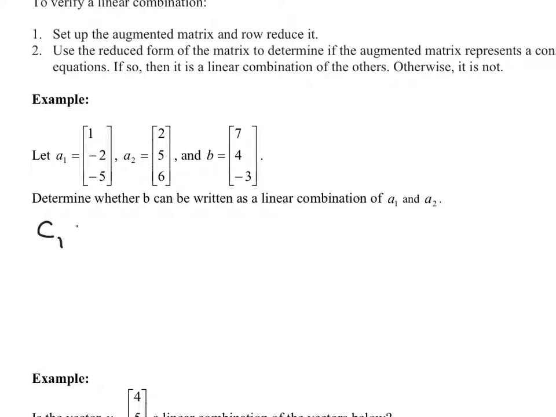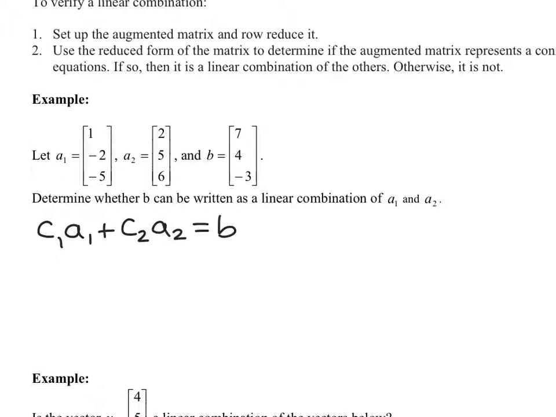I'm going to say C sub 1 a sub 1, plus C sub 2 a sub 2 equals B. That's what I'm rooting for. That's what I want to have happen.